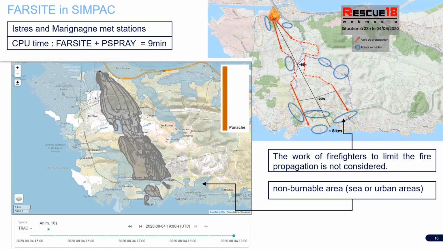During the visualization through the web browser, we added here in blue the non-burnable areas, so obviously the sea, but also the dense urban areas, which are defined for the fire propagation model as non-burnable.